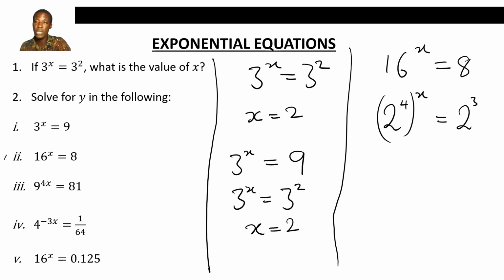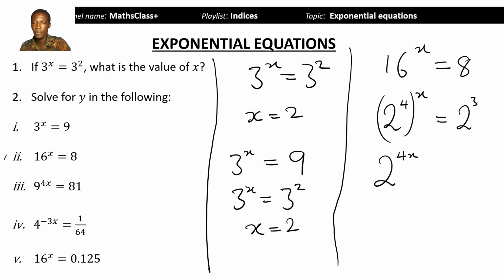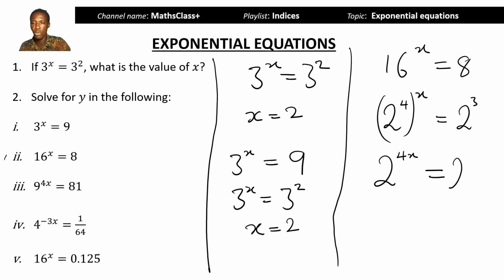So when you multiply 2 three times, you will get 8. Okay. Now if you remember the law, that's, I think, the third law. So 4 and x will have to multiply to give us 2 to the power 4x. And this is equal to 2 to the power 3.